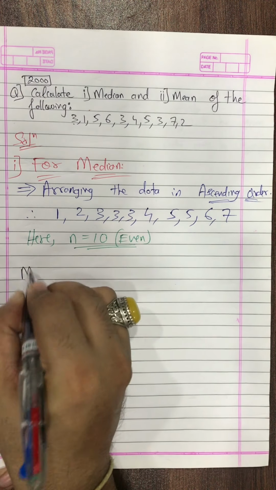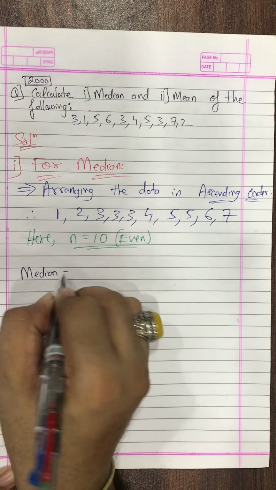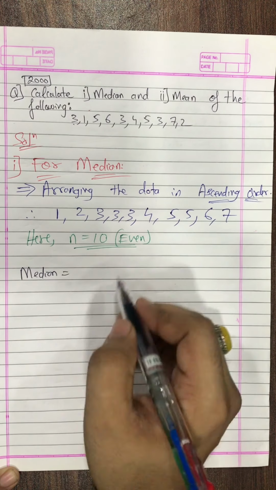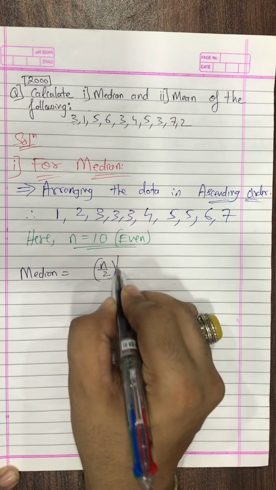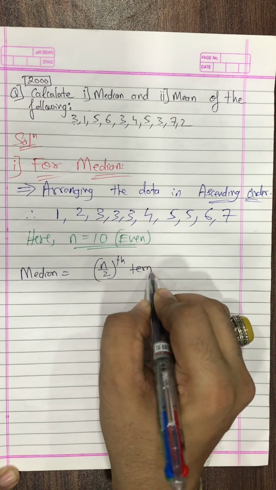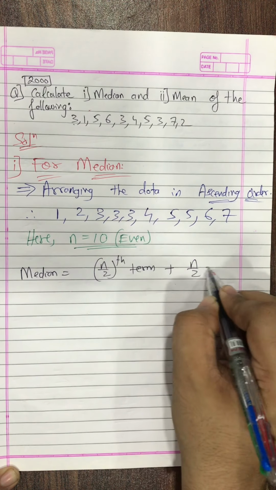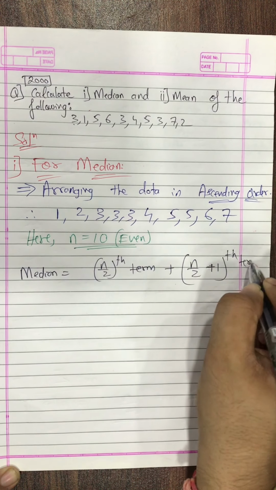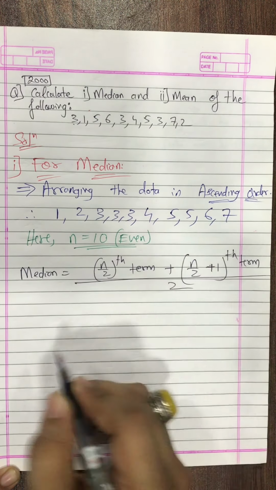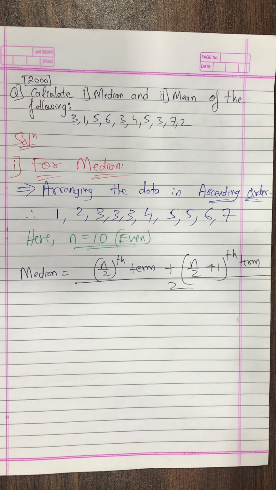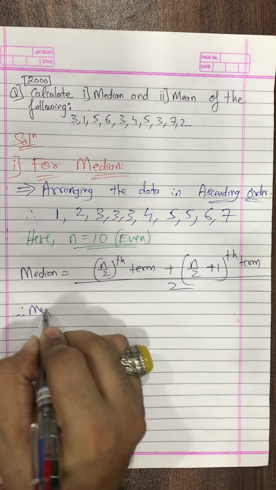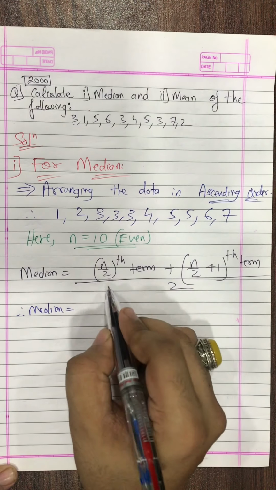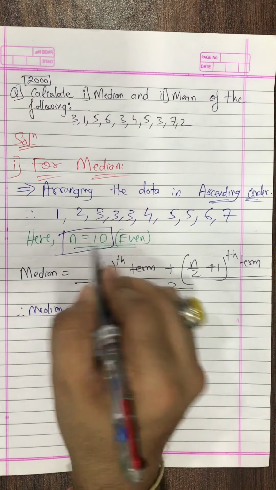Now let's write the formula. What's the formula of median when the number of terms is even? N upon 2th term plus n upon 2 plus 1th term, the whole upon 2. You have to write the formula, all of you. Therefore median is equal to n. What is the value of n? My value of n is 10.